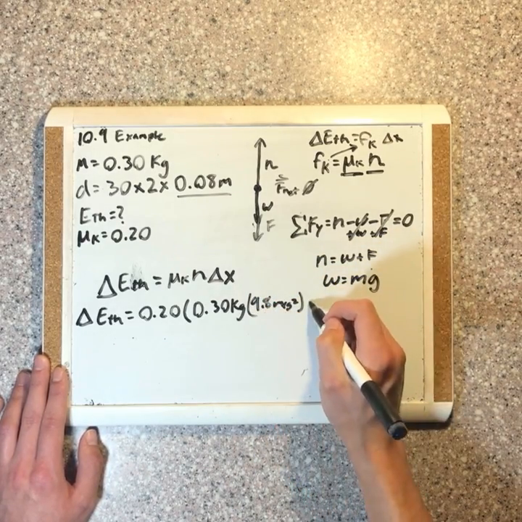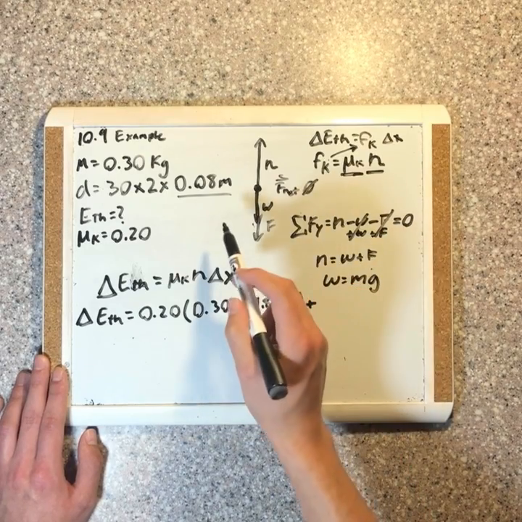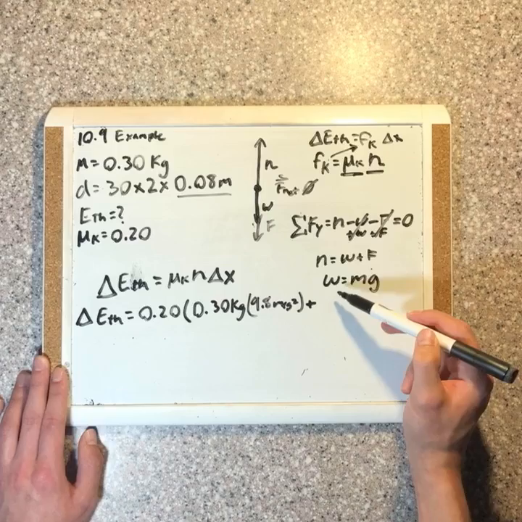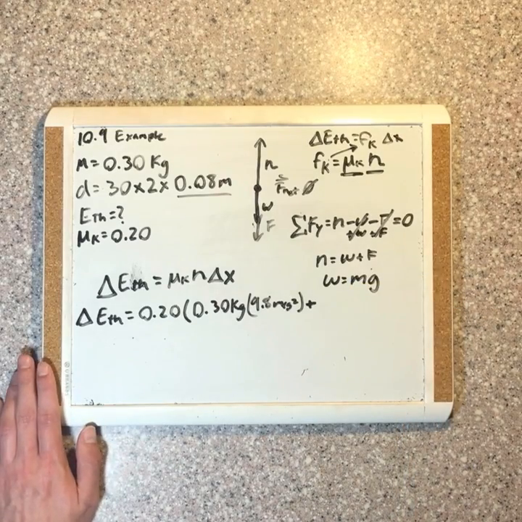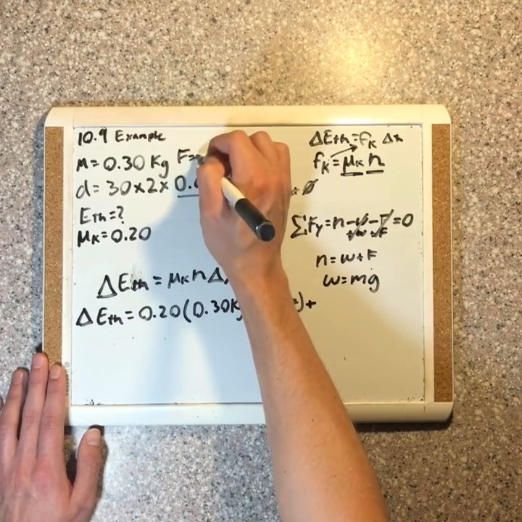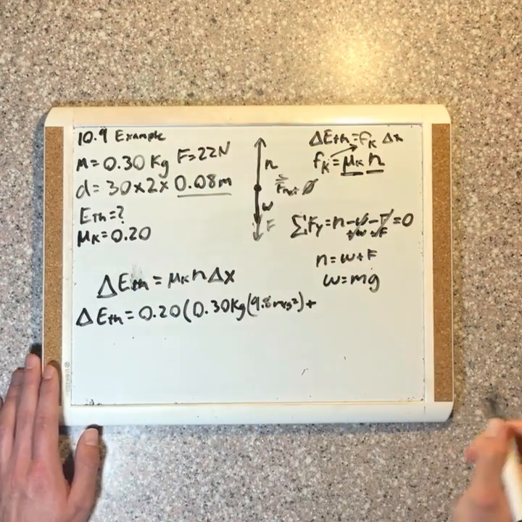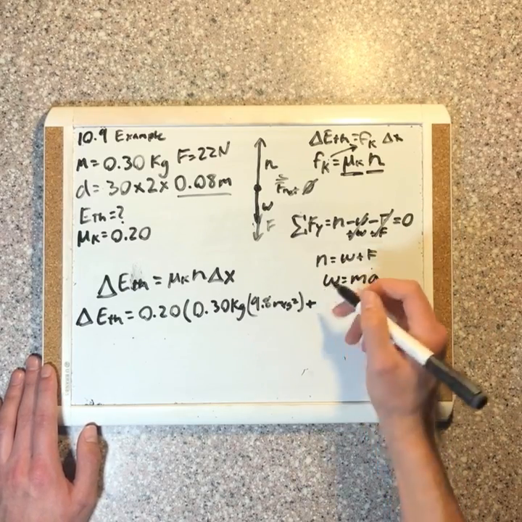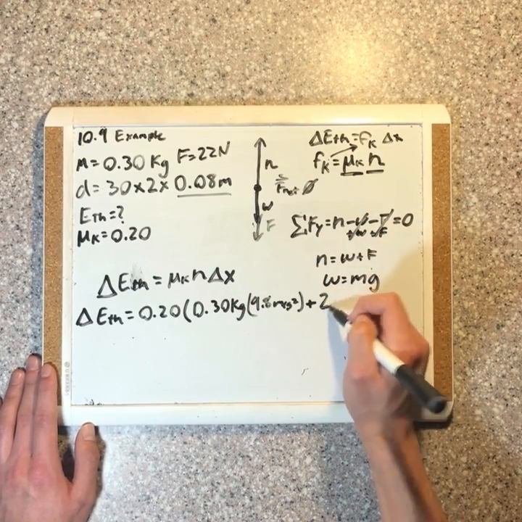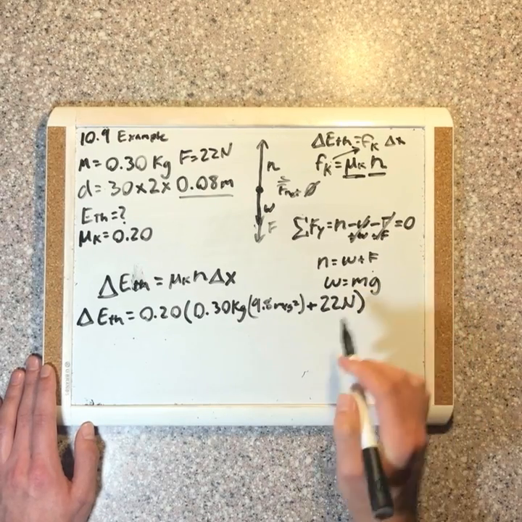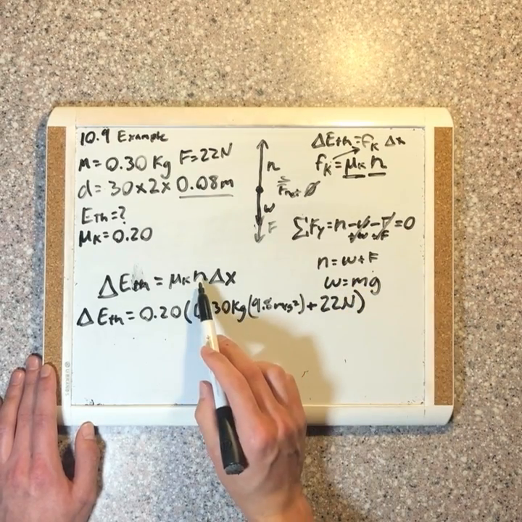That is going to be added to the force put down on the block, which we did not write down in our givens. That force is going to be equal to 22 newtons. That's given to us in the problem, so sorry for not writing that down ahead of time. Okay, and that's all for our normal force.